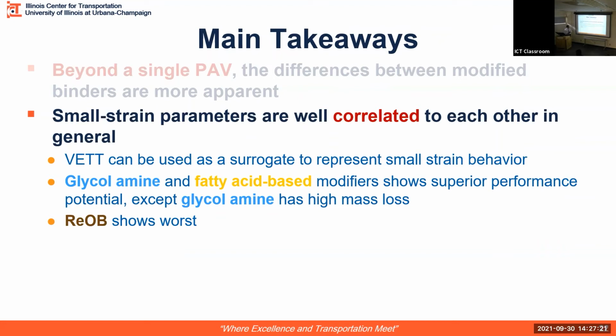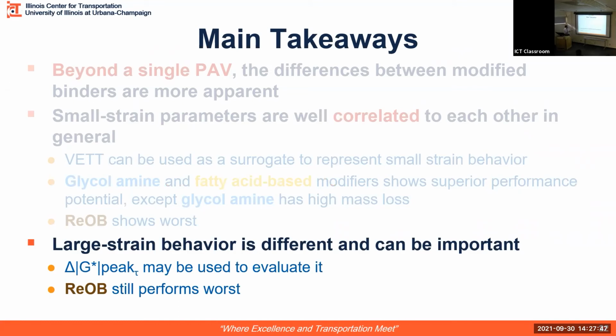Also, modifier K was consistently showing the worst performance, both at large strain and small strain. Glycolamines and fatty acid derivatives had superior performance throughout. However, I didn't mention here that we also saw that glycolamines had a higher mass loss, which connects to the low thermal stability of the modifier itself.